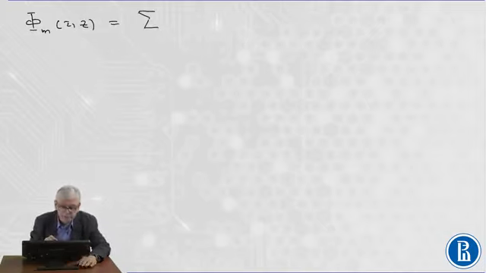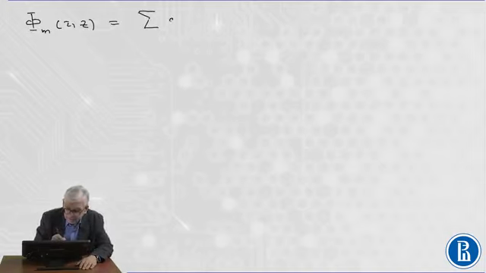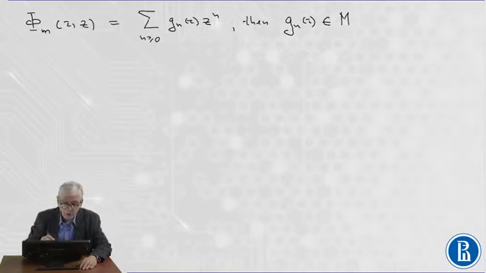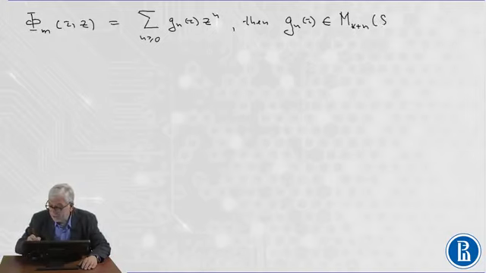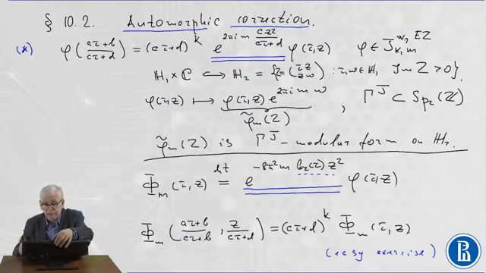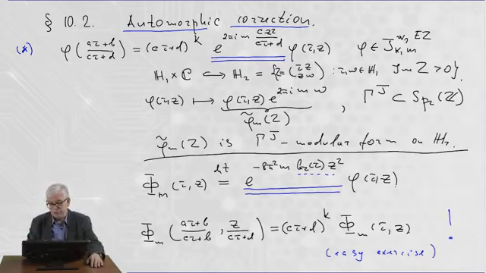If we write down the Taylor expansion in z, then all Taylor coefficients will be modular forms of weight k plus n with respect to the full modular group. This fact follows directly from this functional equation.